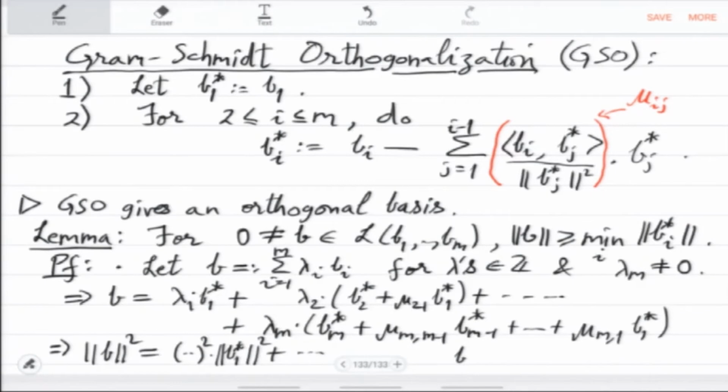What is the coefficient of Bm star square? It is lambda m square. So you get this sum of squares, B1 star square, B2 star square, Bm star square with appropriate coefficients depending on the lambdas. And because of the real squaring, this is at least lambda m square Bm star square.